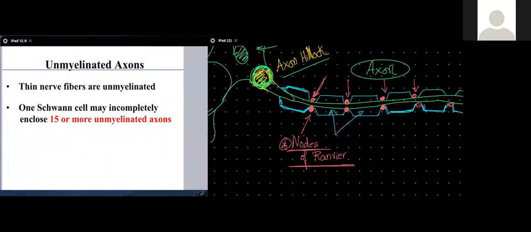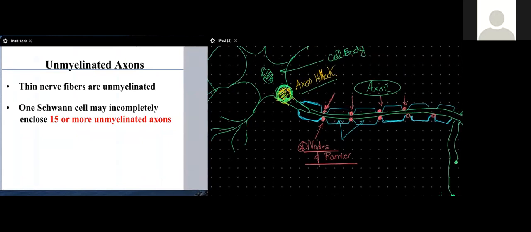Do we have any nerve fiber axons that are not surrounded by myelin sheath? Yes, we have unmyelinated nerve fibers or axons. They are thin nerve fibers. They are not surrounded by myelin sheath.